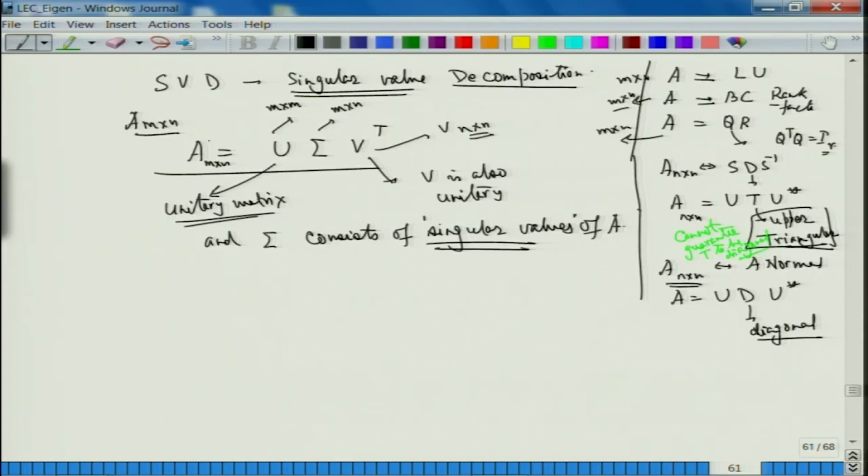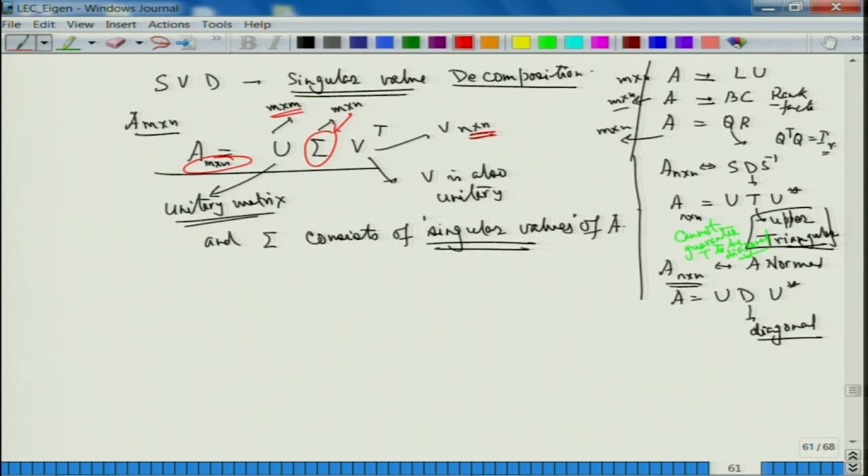Understand them nicely. I want A to be an M cross N matrix. So U has to be M cross M, V has to be N cross N, I do not have much choice. So the middle thing that I have has to be M cross N, so that matrix multiplication makes sense. That is the first thing that we need to understand, that we cannot get away with that part.